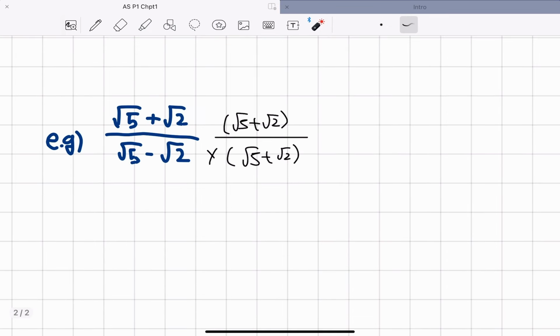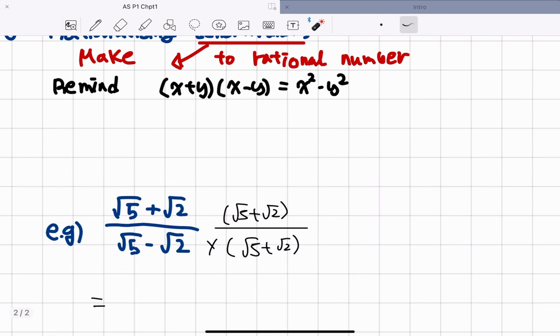Okay, so let's just simplify. If you know this formula, then you can just calculate directly, right? It's square root of 5 times square root of 5, which is 5, and because it's minus, square root of 2 times square root of 2, which is 2. 5 minus 2, so you get the denominator.